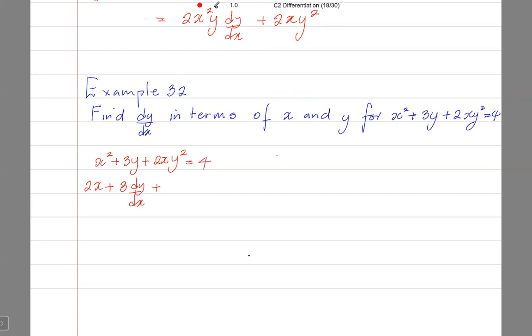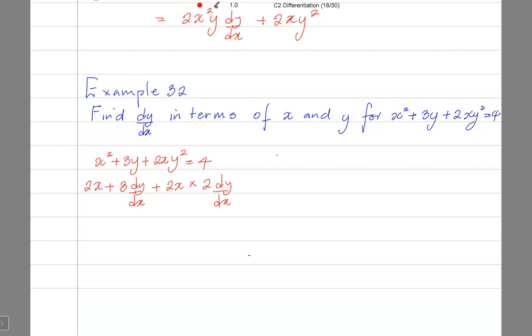Now, 2xy squared is a product differentiation. So I'm going to leave the first, 2x, differentiate the second, so that would be multiplied by 2 dy by dx.